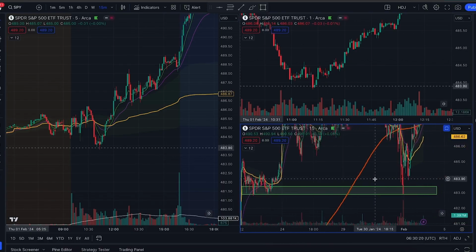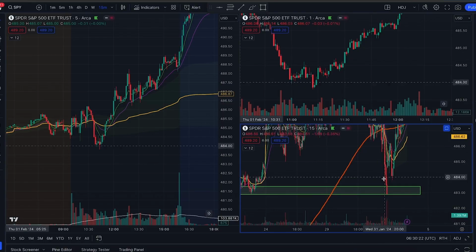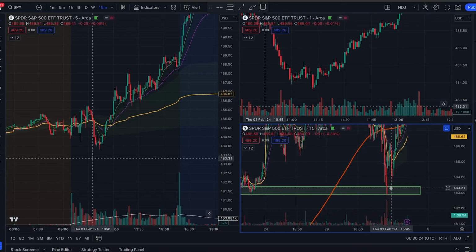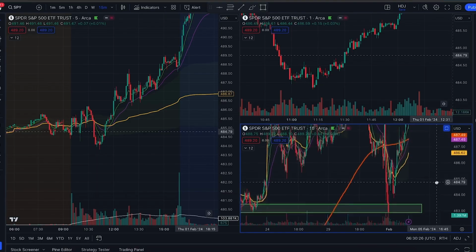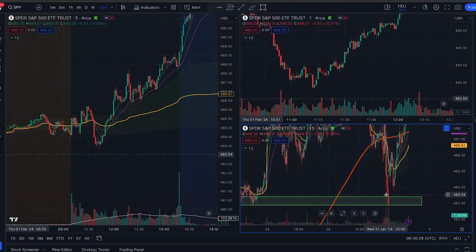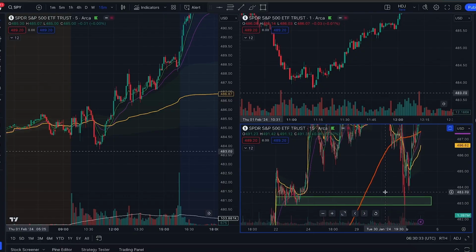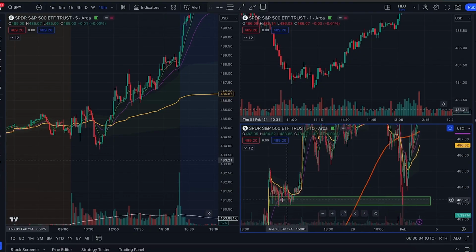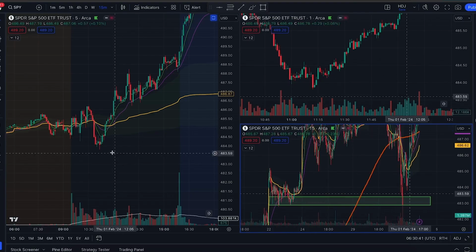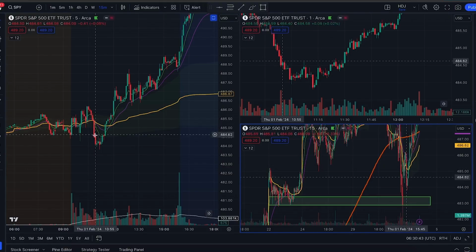Some time later, we come back down into the zone, and then we gap up. So basically, what you could have said was, hey, I got this box drawn. We could be coming back into the box. Here we come back into the box.